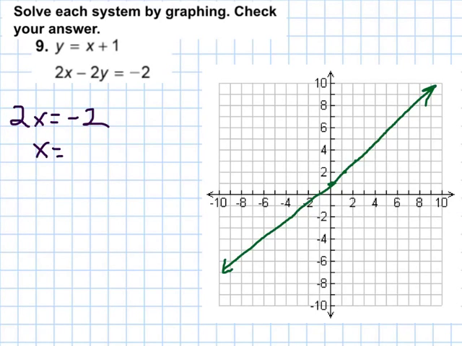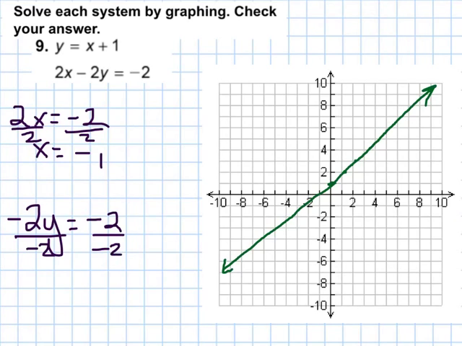So x equals, when we divide by 2, -1. Then for our y, -2y equals -2. Divide by -2, divide by -2. y equals 1. So my x-axis, I'll have a point at -1. My y-axis, I will have a point at 1.